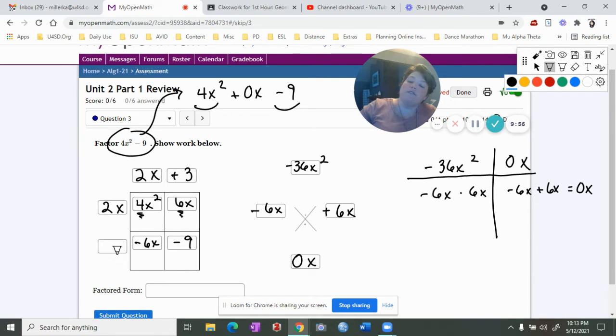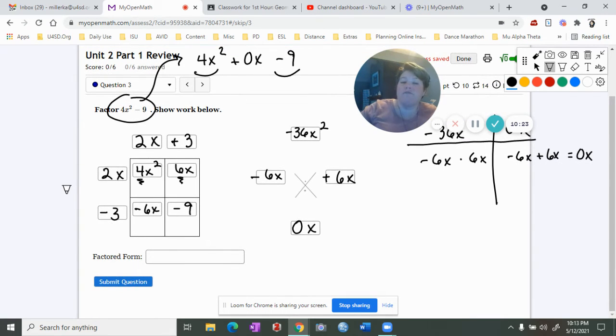So here, for this bottom box, what does this need to be so that I multiply it to 2x and get negative 6x? Well, 2 times negative 3 is negative 6, and the x is already there. So let's double check. The lower corner, negative 3 times positive 3 is negative 9.